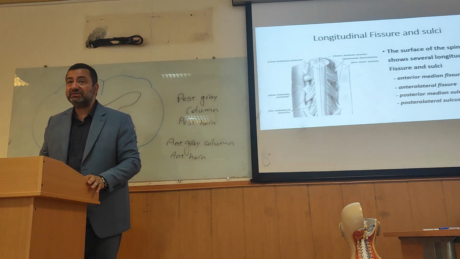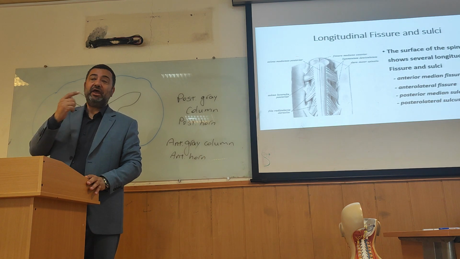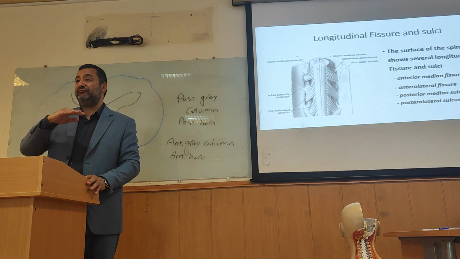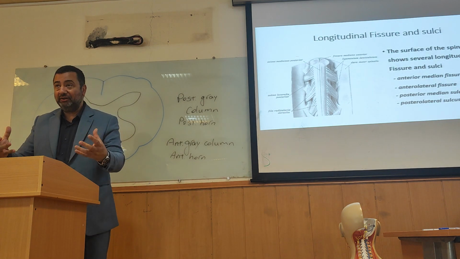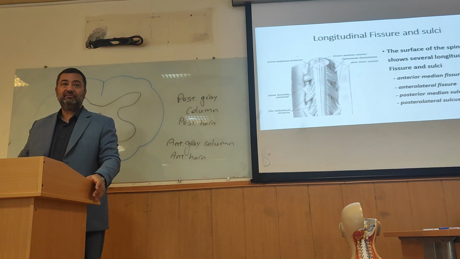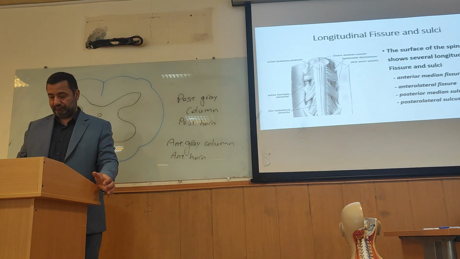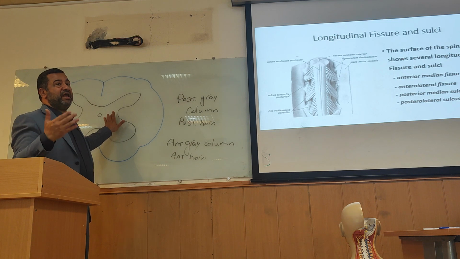But physiologists tell this horn because they work with the slices of the spinal cord. But as a whole, this gray matter is similar to a column. Okay? This area is called intermediate gray column.